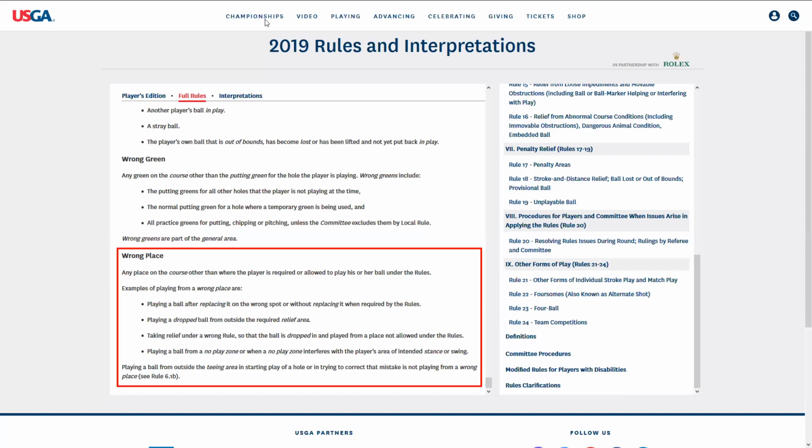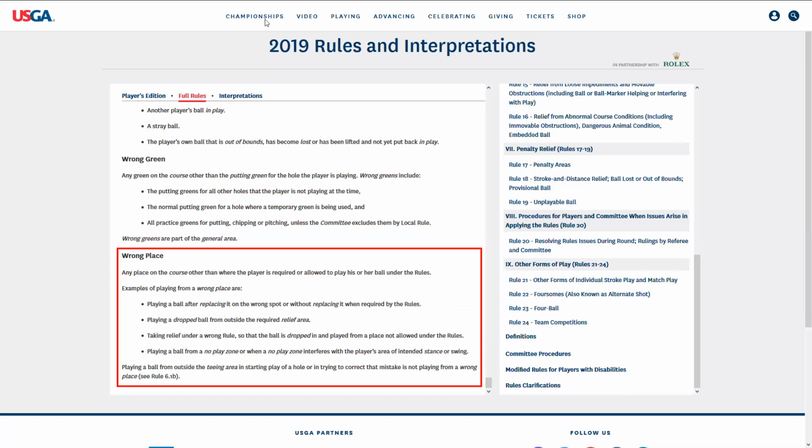The reason that it's excluded from the wrong place is in the match play situation. If you play from outside the teeing area and it is not recalled by the other player, you have not played from a wrong place, the stroke counts, and on you go.